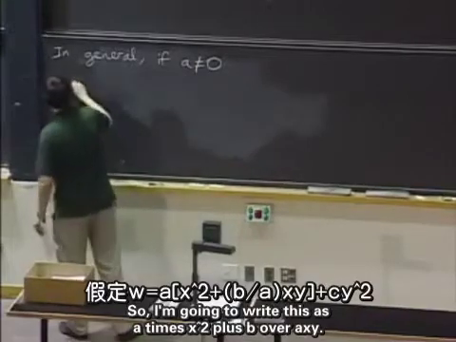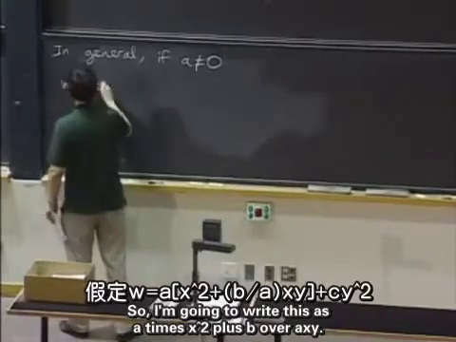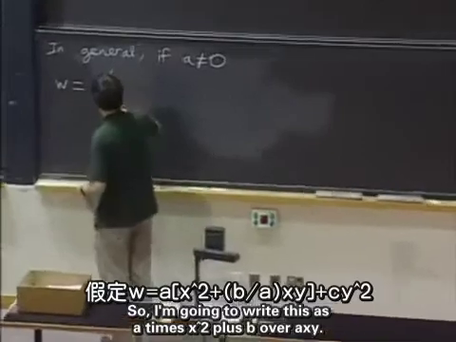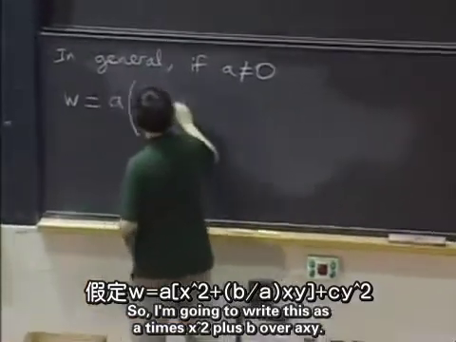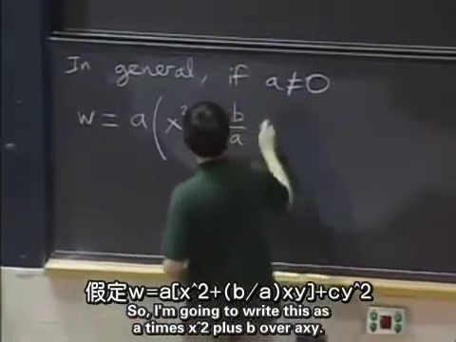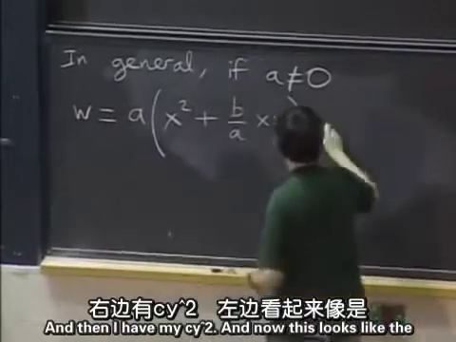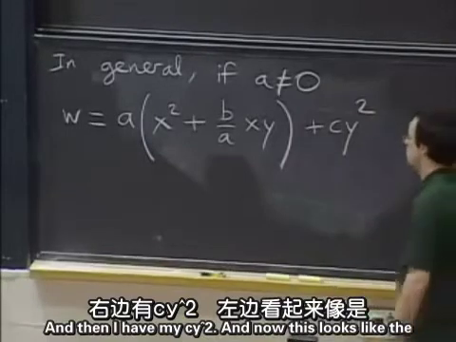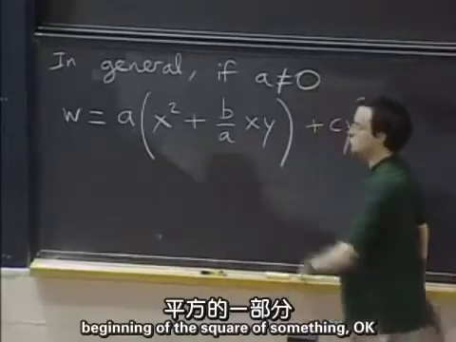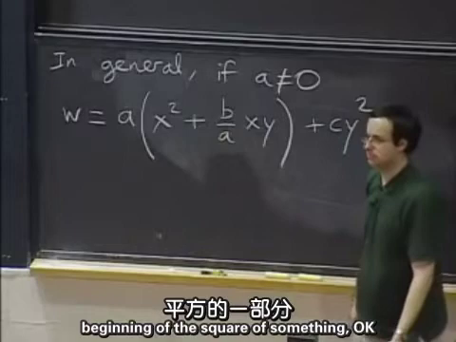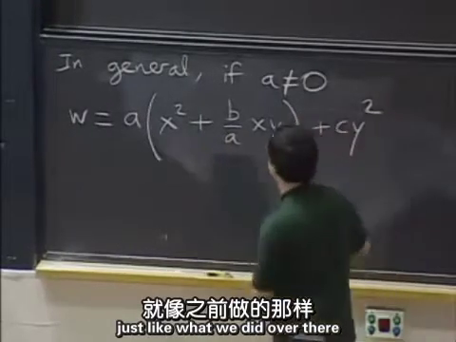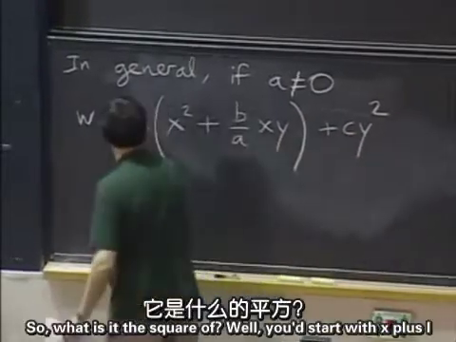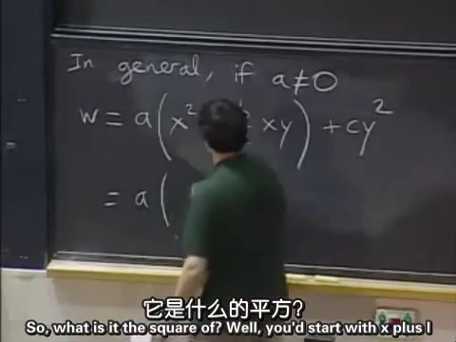So I'm going to write this as a times x squared plus b over a xy, then I have my cy squared. And now this looks like the beginning of the square of something. Just like what we did over there.